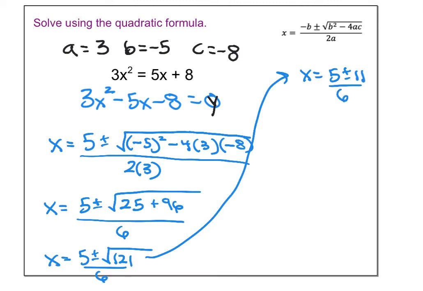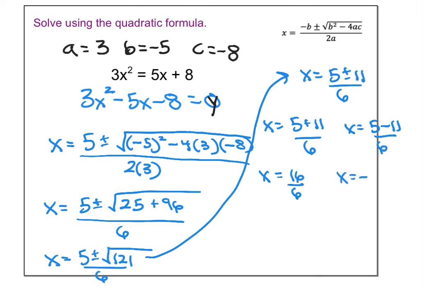Now I split that into 2. I have x equals 5 plus 11 over 6, and x equals 5 minus 11 over 6. So x equals 16 over 6, and x equals negative 6 over 6, which would be negative 1.